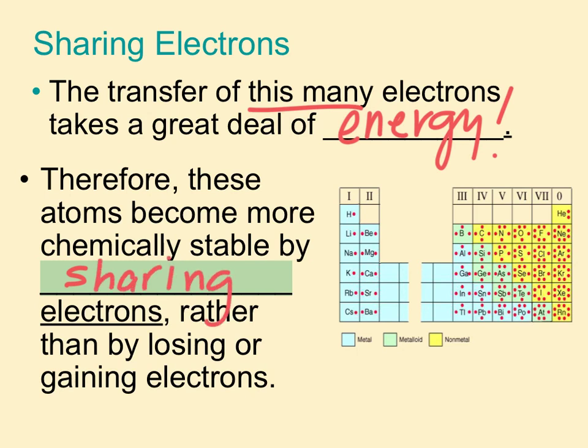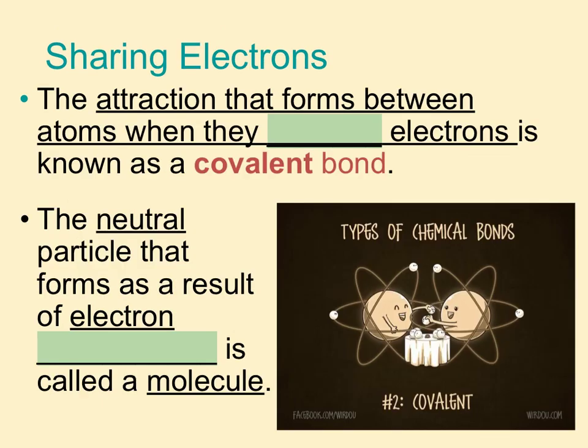And I have sharing highlighted here because that's our key word for a covalent bond and what happens to electrons. Electrons are shared, typically between two nonmetals, because it's much less energy than losing or gaining electrons. So the full official definition of covalent bond here is that the attraction forms between the atoms when they share electrons.